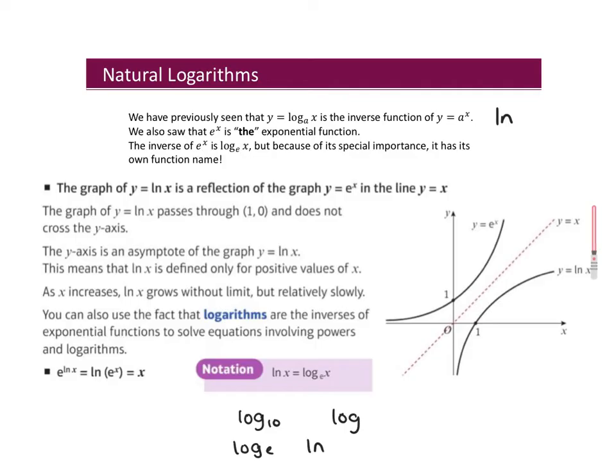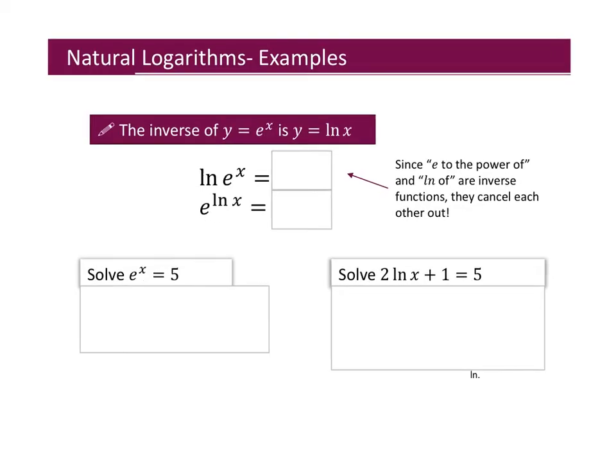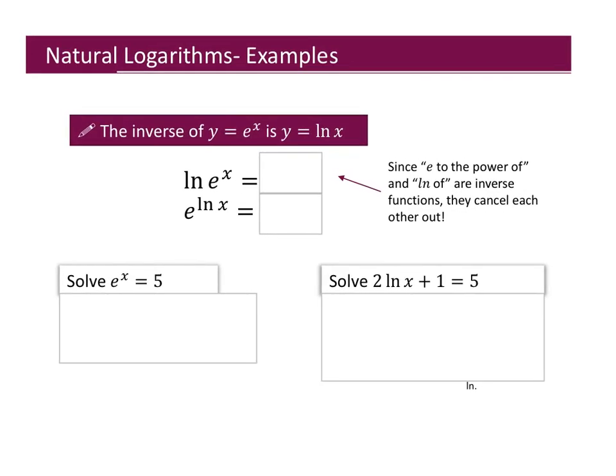Perfect. So, the inverse of y equals e to the x is y equals ln of x. So, ln of e to the x is in fact just x.